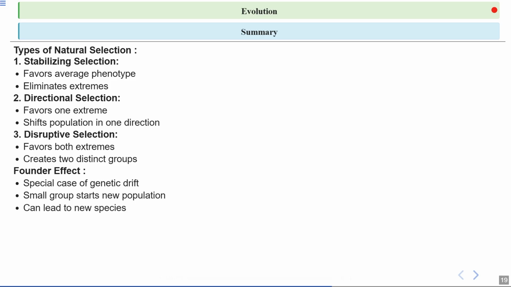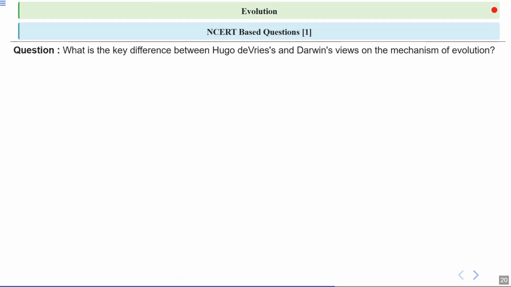Here the allele frequency of the new population changes by chance. This can lead to the formation of new species as well, because allele frequencies in the new population can change by chance. This occurs in a small population.